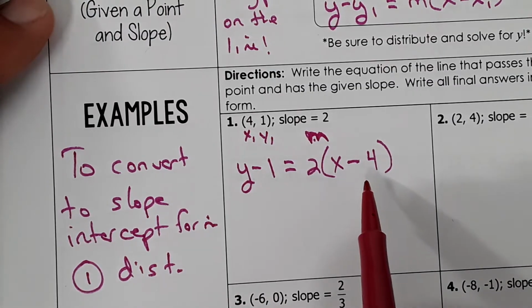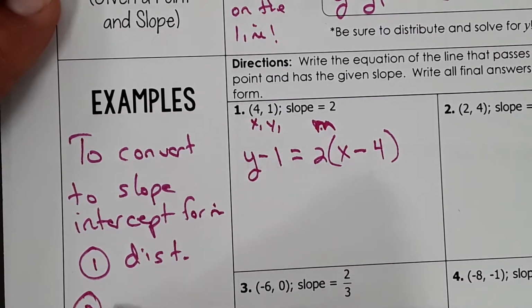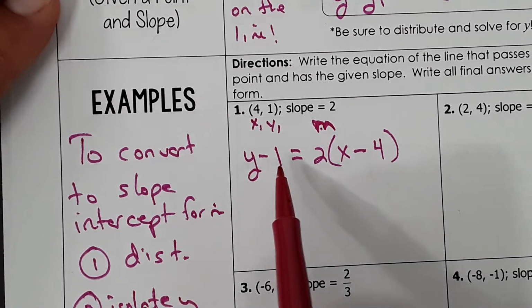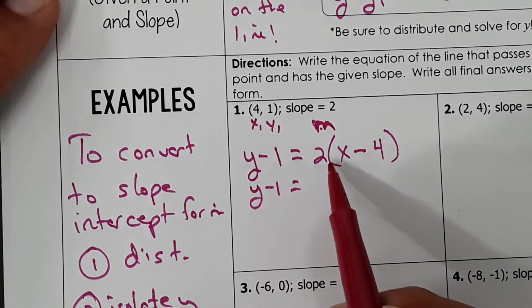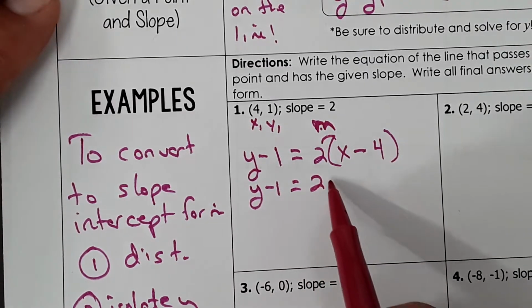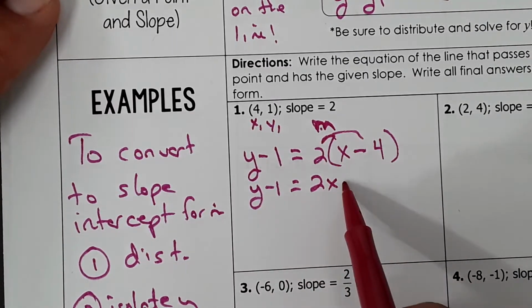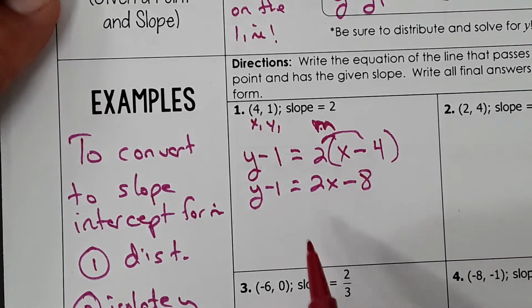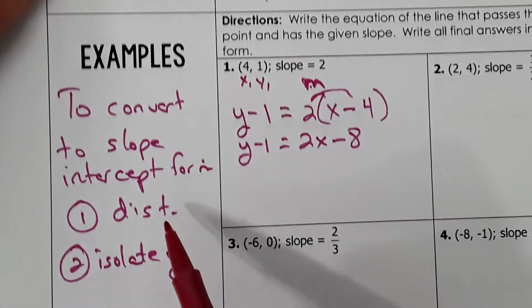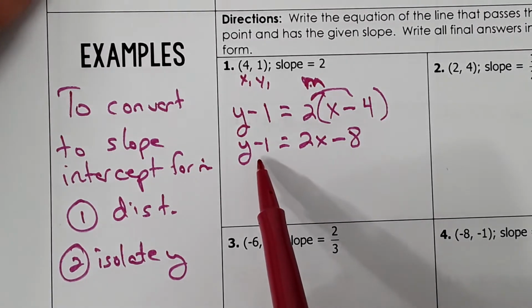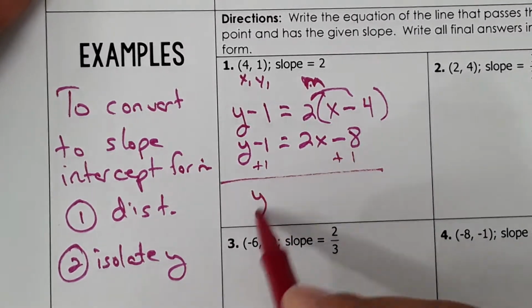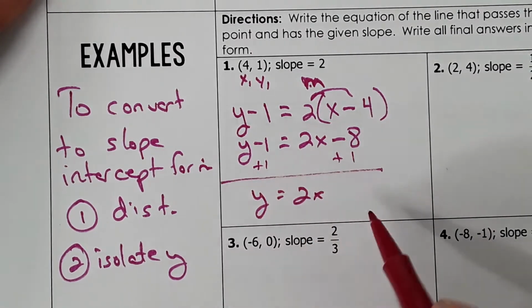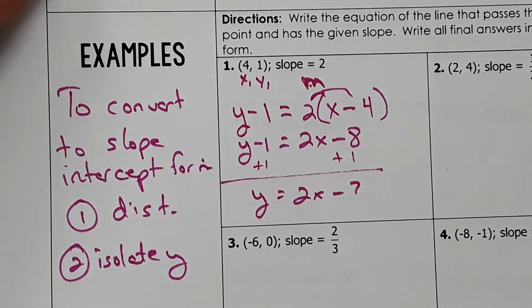Distribute to get rid of the parentheses, and then isolate y here. So I'm going to distribute, so I'm not going to do anything on this side yet. I'm going to distribute this 2. So 2 times x is 2x, and 2 times negative 4 is negative 8. And that's the first step, to distribute. Next step is get y by itself by adding 1 here, and I got y equals 2x, and negative 8 plus 1 is negative 7.